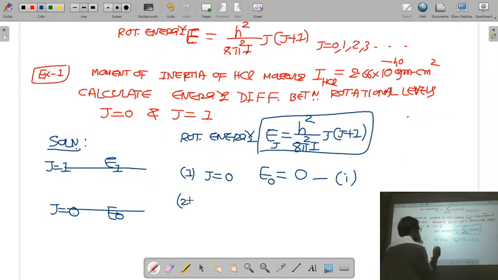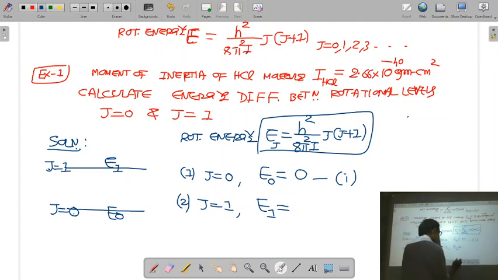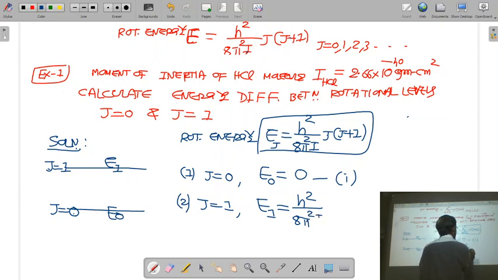Second, in the level J is equal to 1, the rotational energy of the molecule will be obtained by putting J is equal to 1 in this equation. So what is the rotational energy in the upper rotational level J is equal to 1? That is h square upon 8 pi square I. Now J is 1 into 1 plus 1, that is 2.